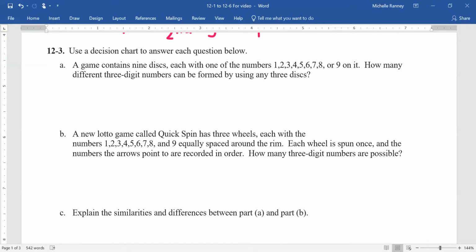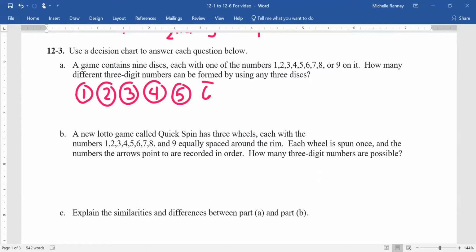How many different 3-digit numbers can be formed by using any 3 discs? And just to make sure you guys understand, again, we have 1 disc with the number 1, 1 disc with the number 2. So we have 9 discs with the numbers 1 through 9 on them.